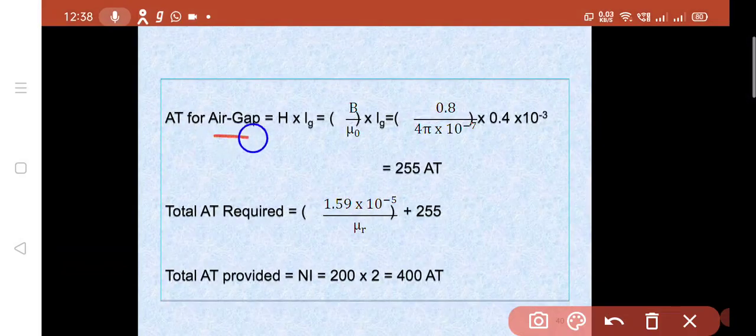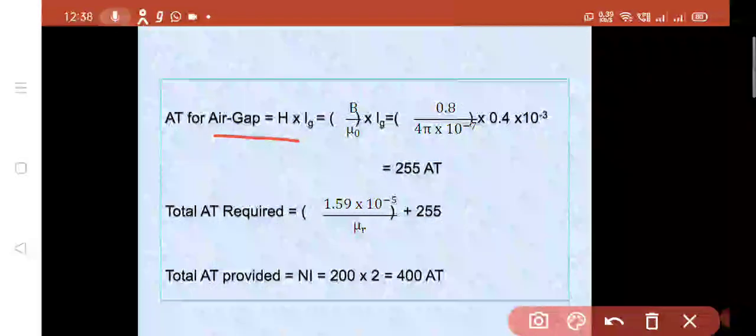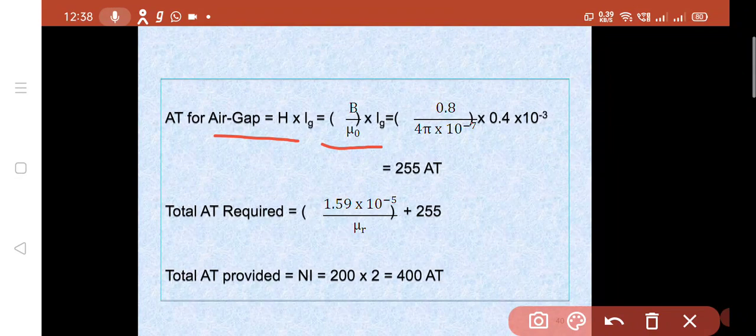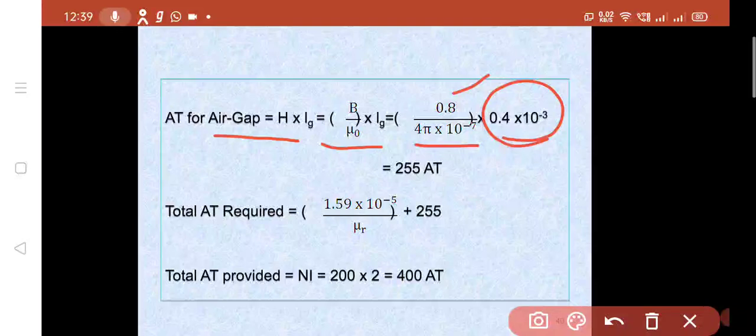Ampere turns for the air gap, H into Lg, is equal to B by μ0 into Lg. With the B value, the μ0 value, and the Lg value 0.4 into 10 to the power of minus 3, the ampere turns is 255. The total ampere turns required is 1.59 into 10 to the power of minus 5 by μr plus 255. The total ampere turns provided is NI, where N is 200 and I is 2, so a total of 400 ampere turns.